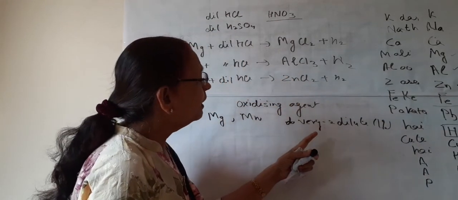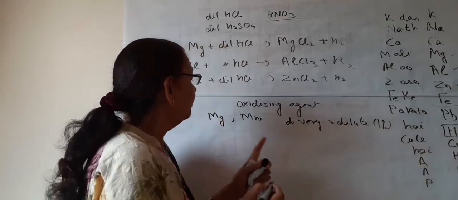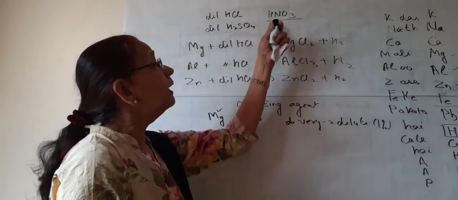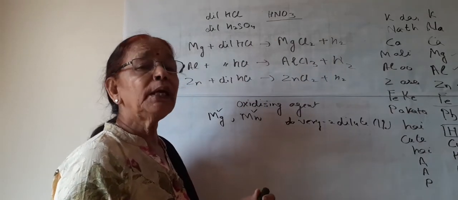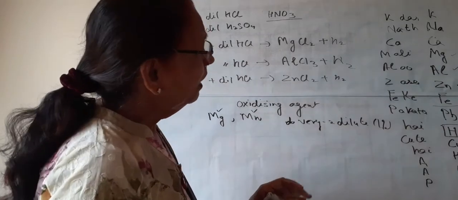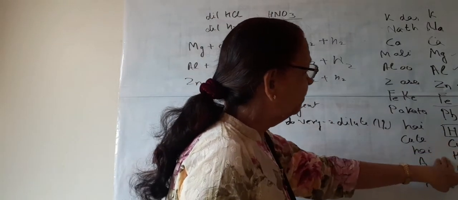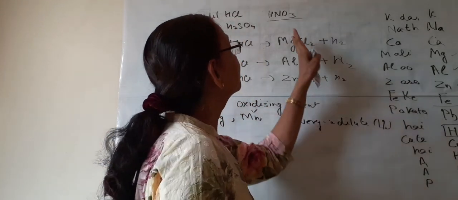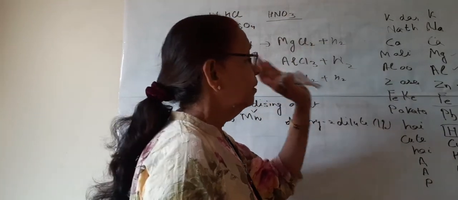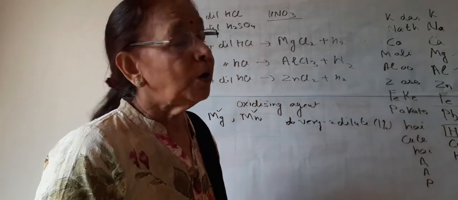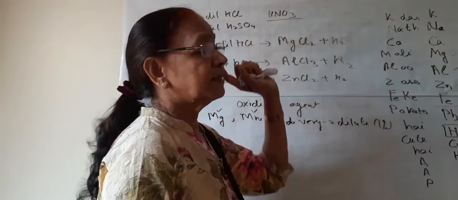If the nitric acid is very dilute, then these two, magnesium and manganese, can react with HNO3 and hydrogen gas is evolved. And all of you know that below hydrogen, no metal can react with any acid, because they cannot replace hydrogen from acids.